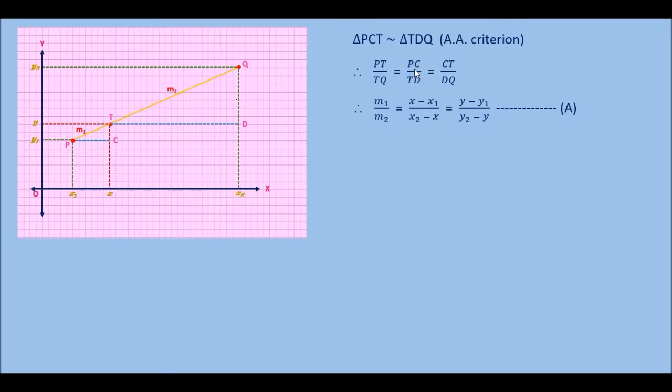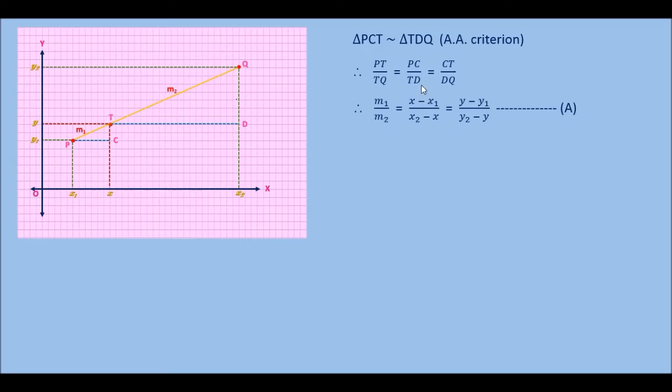If you want to take first point minus the second point, no harm, but you have to follow the same rule every time. So if you take x1 minus x, you have to take x minus x2 in the denominator. Every time I have taken the second point minus the first point, so it is x minus x1.